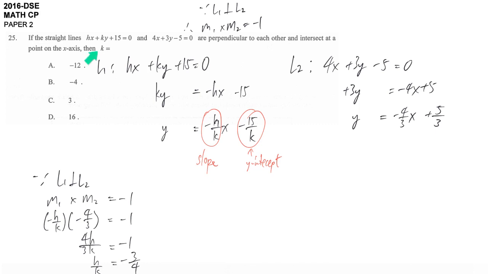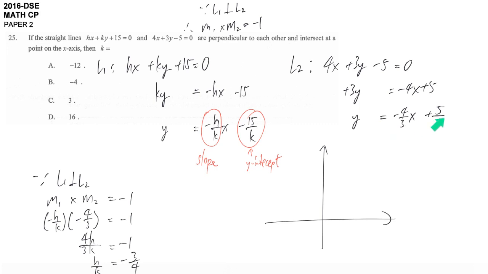It's not enough to find the value of k, because we still have one piece of information we didn't use. They say these two lines intersect on the x-axis. Compared with the first line, we have full information of the second line, so we should find the intercept point.